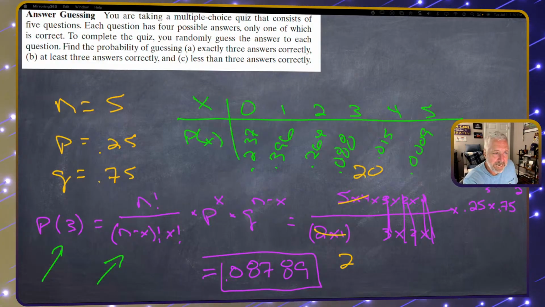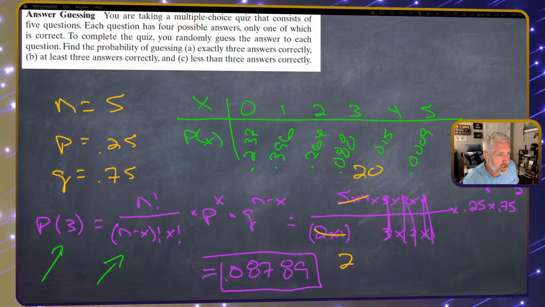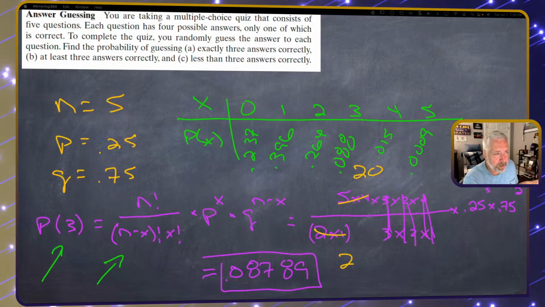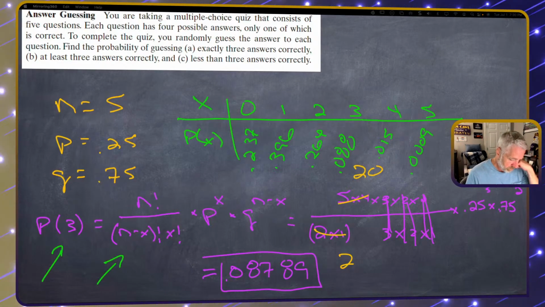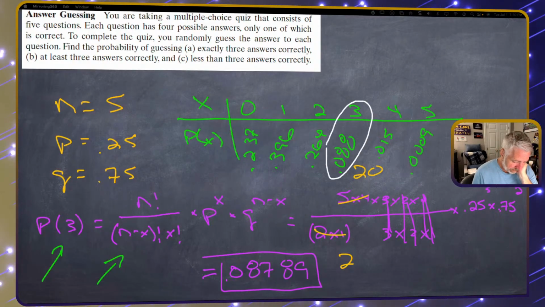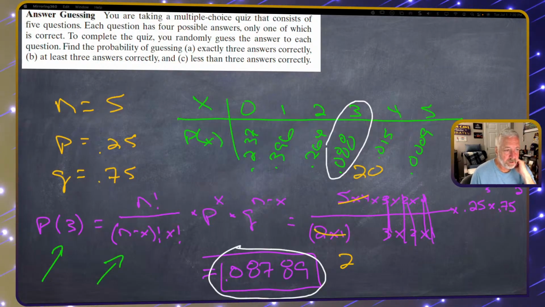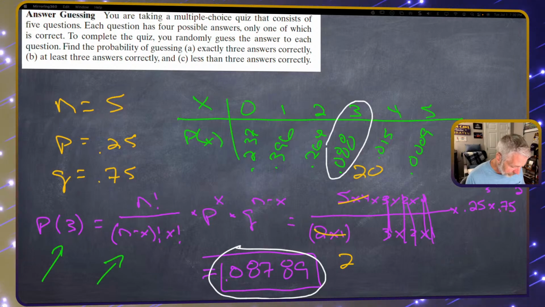So now what we need to do is find more. It wants us to find the probability of exactly 3 answers correctly. Well, we did that. That was right here. I got it down here in a very long form, and then on the calculator. So there's the answer to that first one, to A.